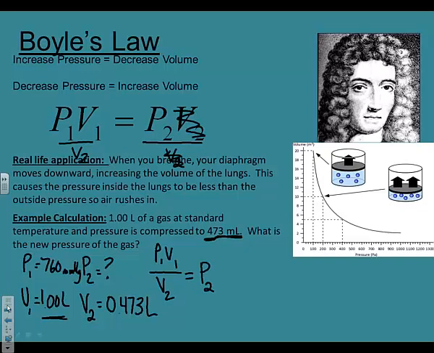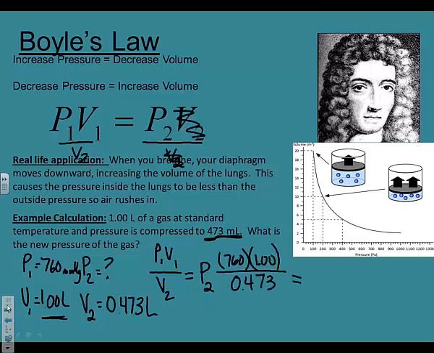So now I can go back and simply substitute those numbers for the variables. What is my initial pressure? It's 760 millimeters of mercury. What is my initial volume? 1. And I'm going to divide that by 0.473.